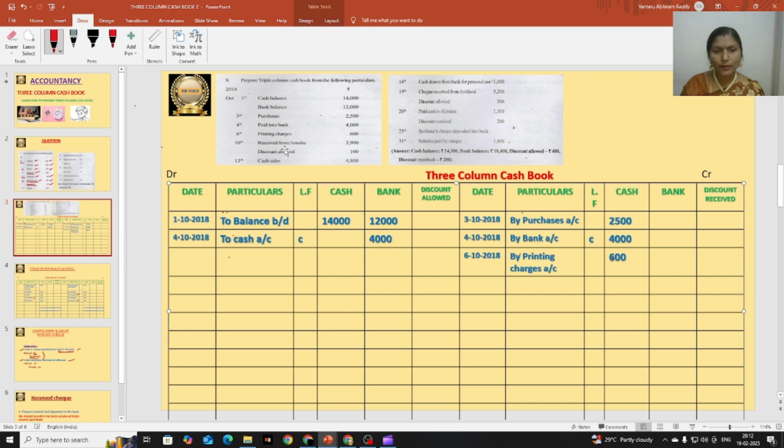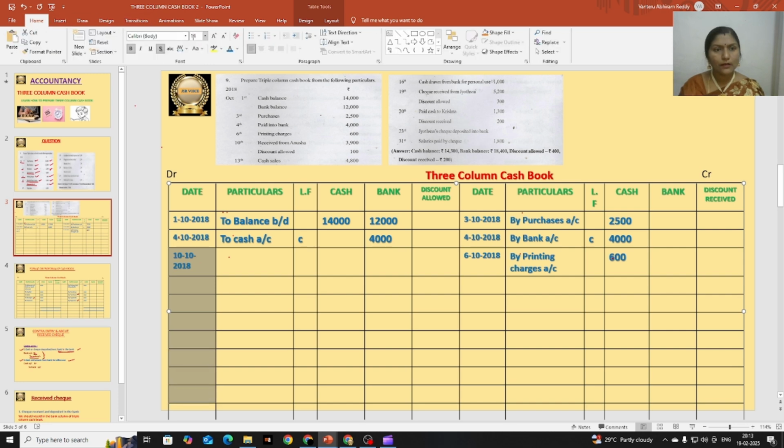First, date column. What is the date? 10th date. So 10 dash 2018. After mentioning date, we are going to write the item name.